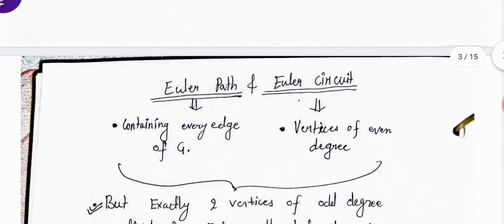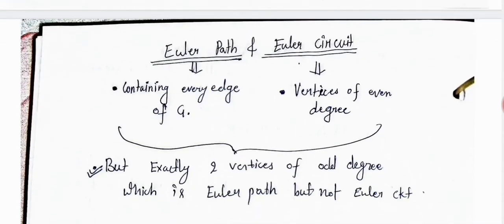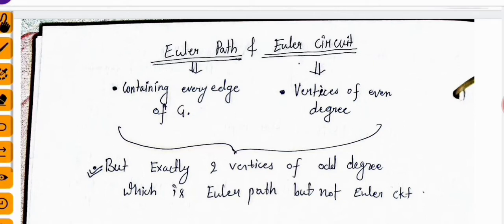Now come to what the Euler path and Euler circuit are. There is a very easy concept of the Euler path, that is a path containing every edge of G, but in the case of the Euler circuit, all the vertices are of even degree.